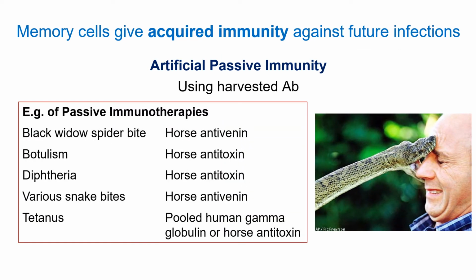So the next type of acquired immunity is called artificial passive immunity. In this case, what we're talking about is using harvested antibodies. So you can see over here on the right, this guy's getting bitten by a snake. This is actually really important in some parts of the world where we have venomous snakes. So how does this work? Basically, they will inject small amounts of the toxin into usually a large mammal that can handle it, such as a horse.